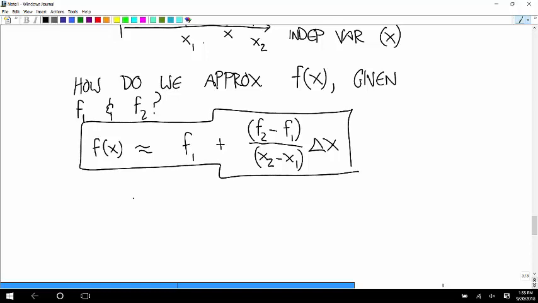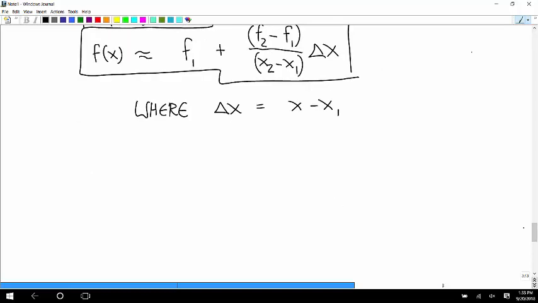And delta x is just x minus x1. Yes. Why do you do the f1 plus? Oh, I've got to account for the first part. Yeah.